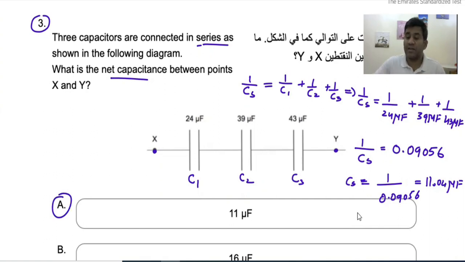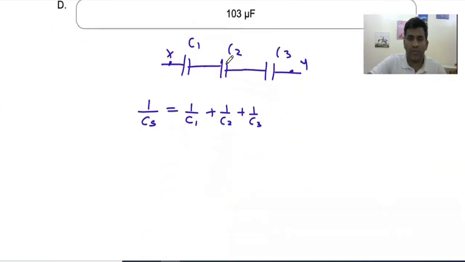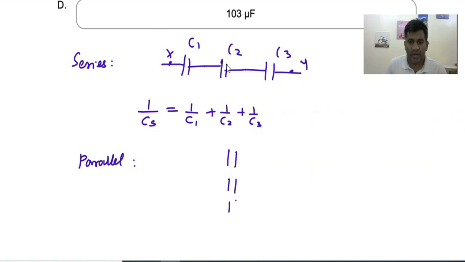There is another calculation. This is not related to the question, but let me tell you. How do we calculate when the capacitors are connected in parallel? This is the series arrangement. And how will the parallel arrangement of the capacitors be? Parallel arrangement is when all the terminals of the capacitors are connected at one point.